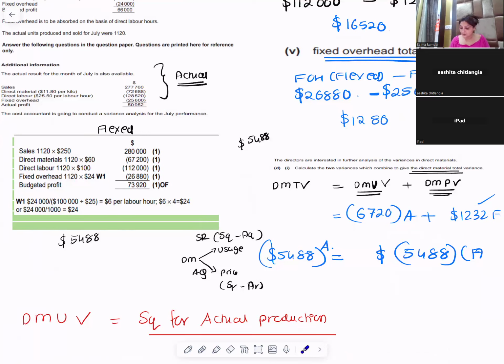Yes, so we have used more quantity of the raw direct material. It means that the quality of the material was bad, or maybe your laborers were inefficient and ended up wasting more.